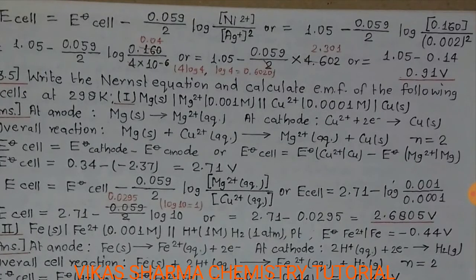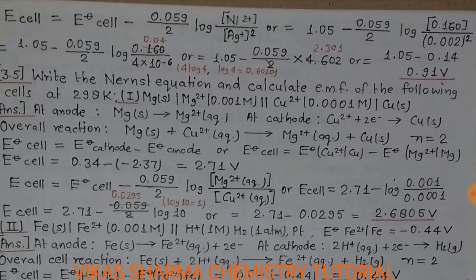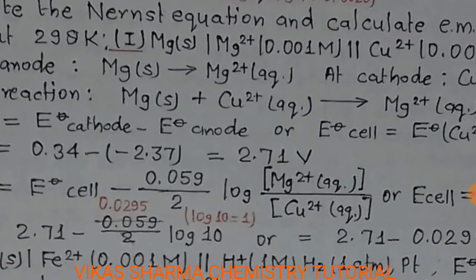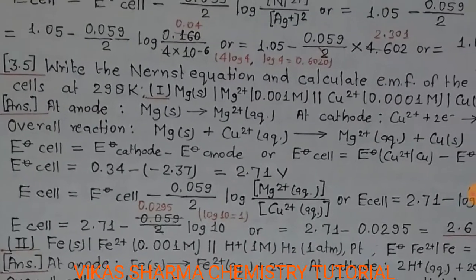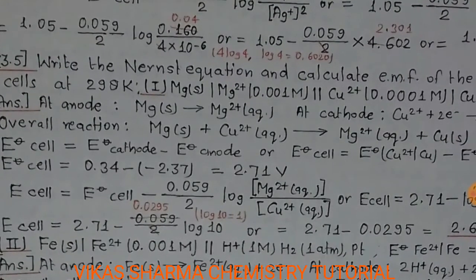So we put the values after seeing the electrochemical series. E° cell: cathode means the copper side, Cu2+/Cu, minus the anode side, Mg2+/Mg. After putting the values, 0.34 minus (minus 2.37), the answer is 2.71 volt. This E° cell is the standard electrode potential.